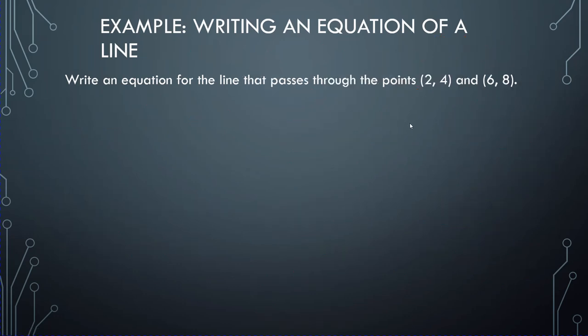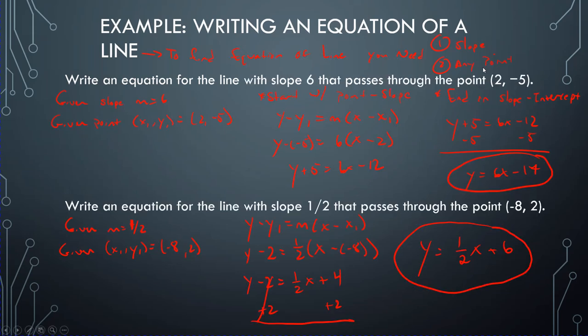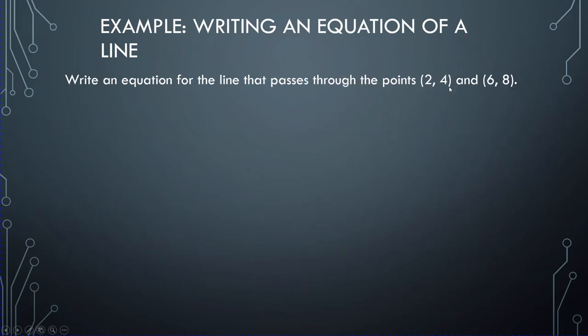Let's write an equation for a line that passes through the points 2, comma 4 and 6, comma 8. Okay. So here, going back, look, this is what I said. You need a slope and you need any point. All right, so, well, this is great. I've got 2 points, but the first thing I need to do is find slope.